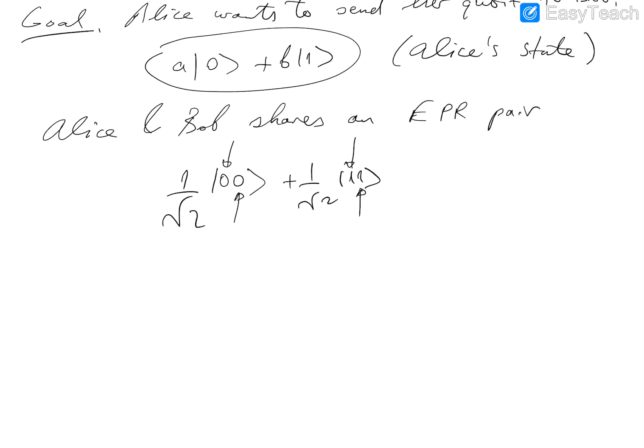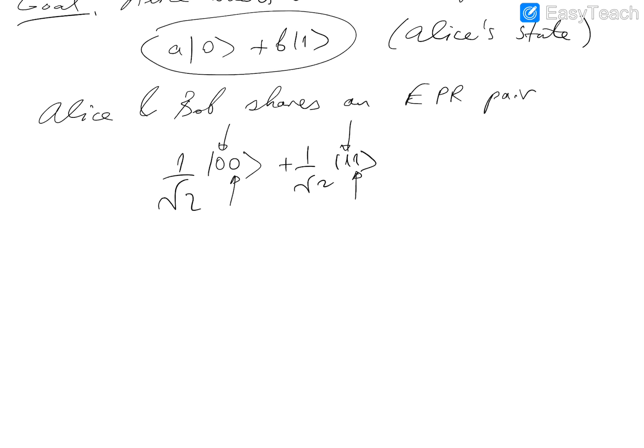Now the compound state, the three-qubit system, will be Alice's original qubit, a|0> plus b|1>, tensored with the EPR pair.